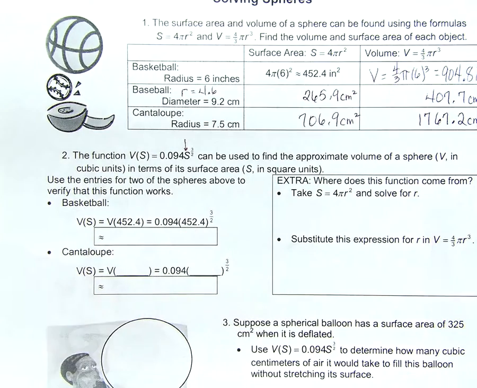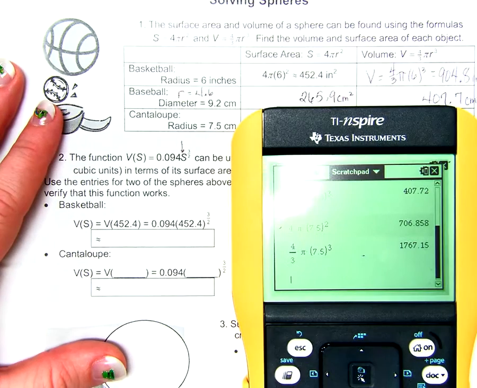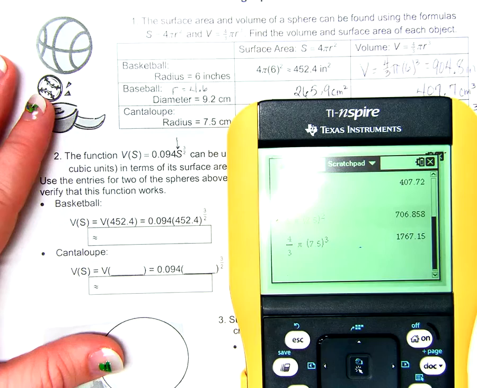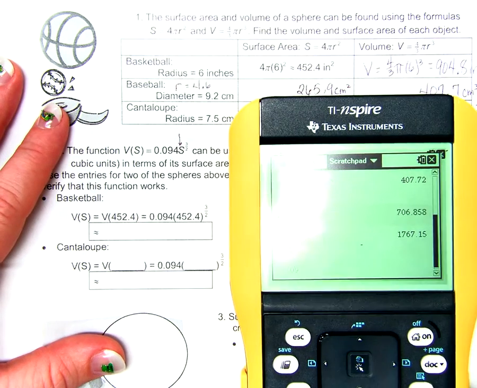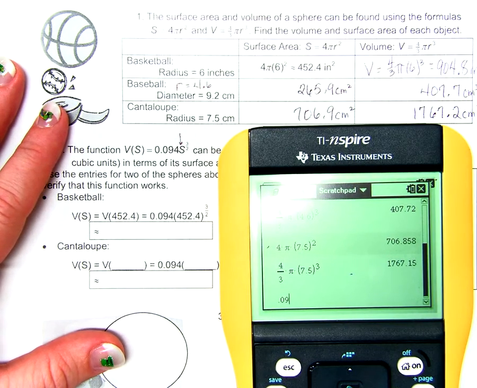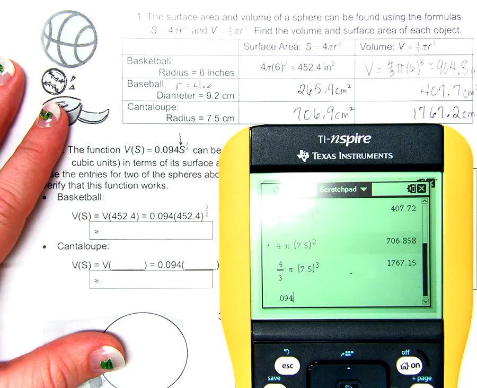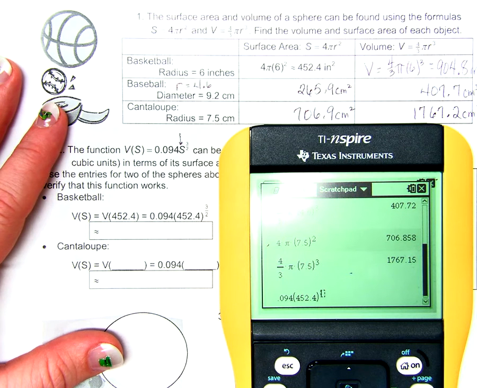Okay, so if we do that calculation, we do 0.094 times, where's my parentheses? There they are. 452.4 close raised to the 3/2 power.